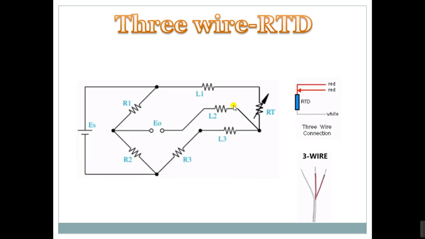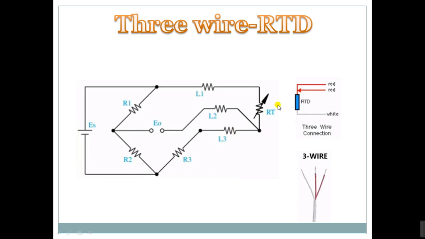The second case is 3-wire RTD. See here, 2 red leads and 1 white lead. Here also in this network, L1, L2, L3 are the 3 leads. This variable RTD is connected in the Wheatstone bridge.